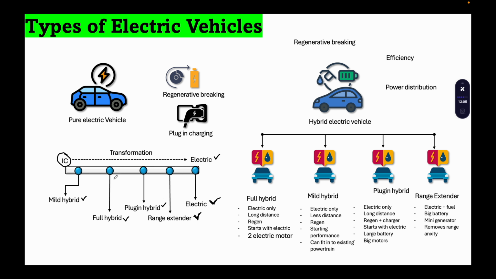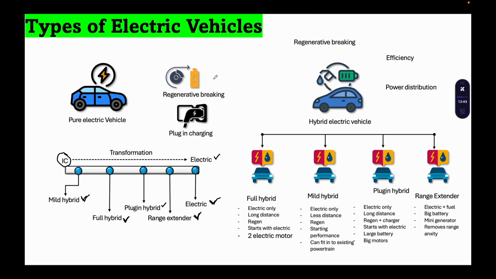If you are at around 40% electric and around 60% gasoline in the power percentage, then you will have a full hybrid. And when you have a very small battery, dealt with in the hybrid electric vehicle, then you have a mild hybrid vehicle.